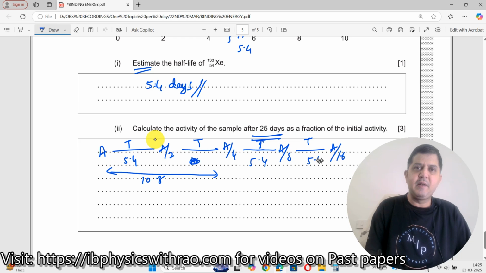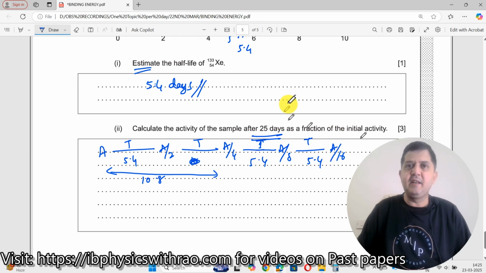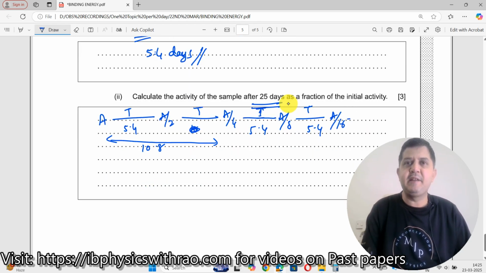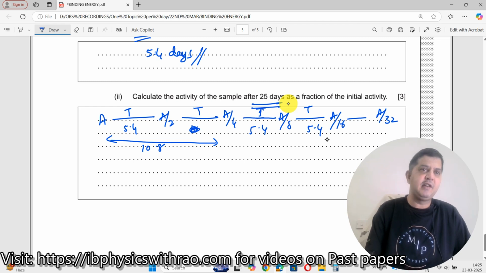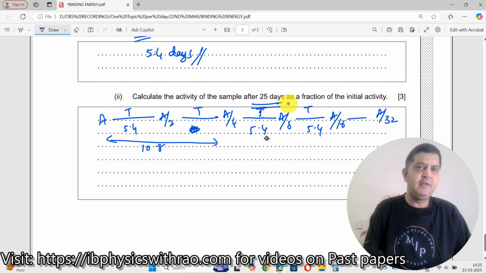Another 5.4 gives 21.6, and then the next one, A by 32. The next one would be 21.6 plus 5.4, which is 27 days.